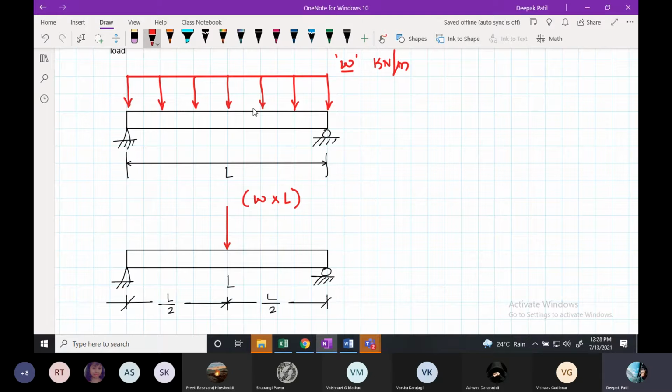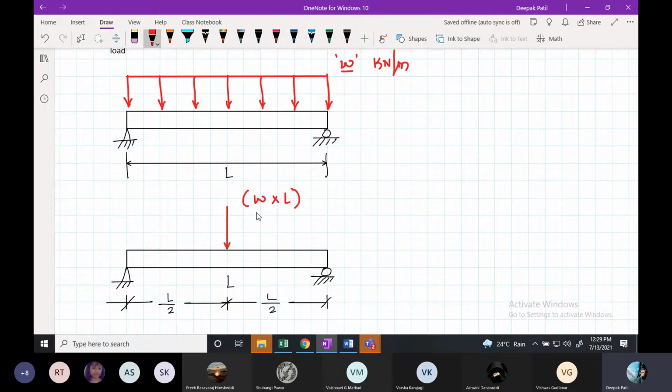To convert this uniformly distributed load to an equivalent point load, the point load acts exactly at the center of the uniformly distributed load area. In this case, fortunately, the load is applied over the entire length of the beam. Its magnitude is nothing but the intensity W multiplied by the span L.